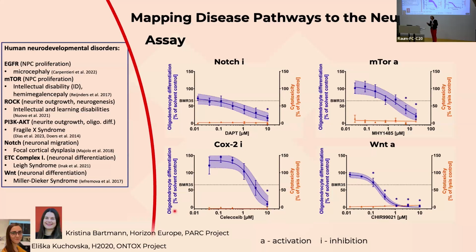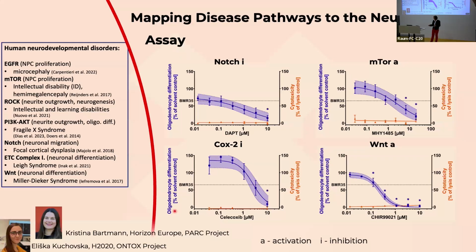And so we went through the literature and collected data on which pathways, when they are disturbed, lead to an adverse outcome in humans. And then we again used modulators of these pathways and checked if our system can represent disturbance of these pathways.